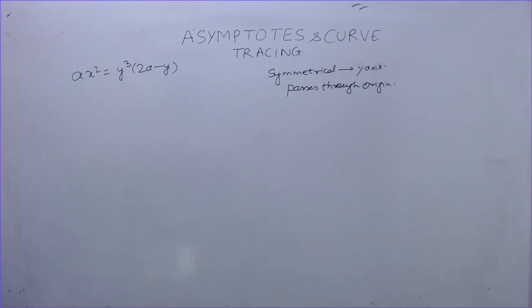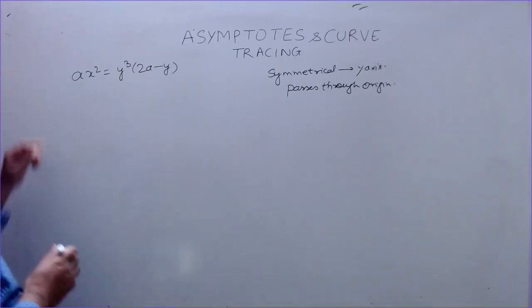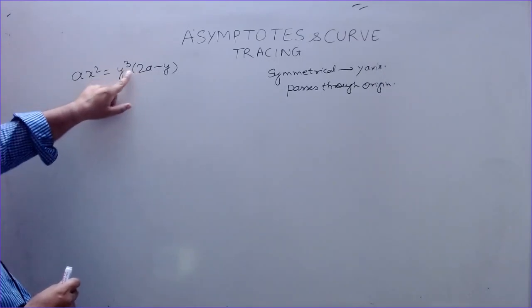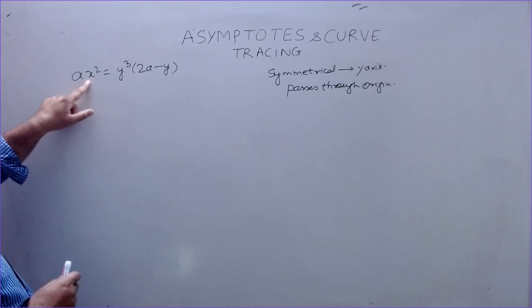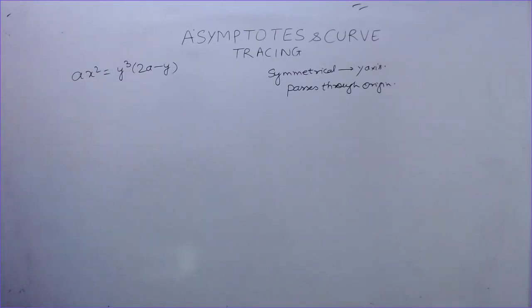What is the lowest degree term in the equation? This is a third degree term if you multiply by 2a, and y to the power 4 is fourth degree. So the lowest degree term is this, x square.